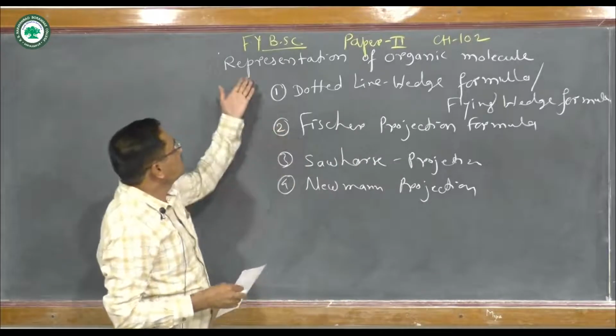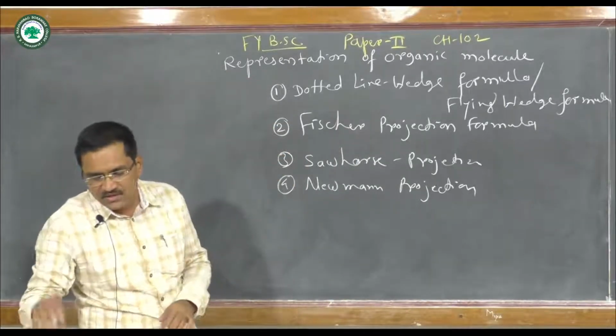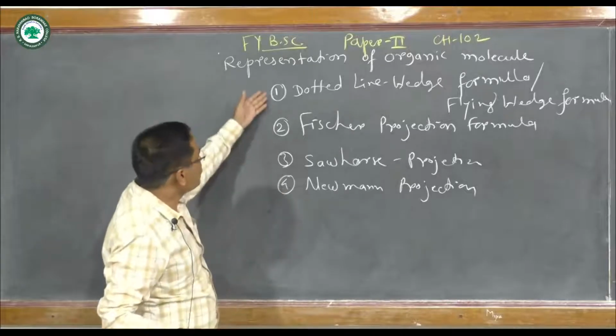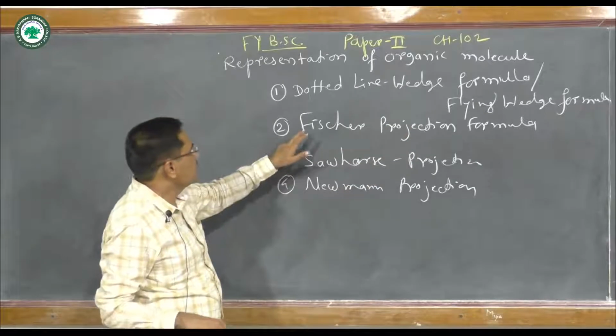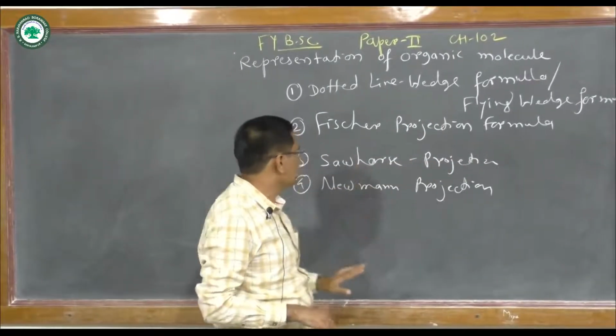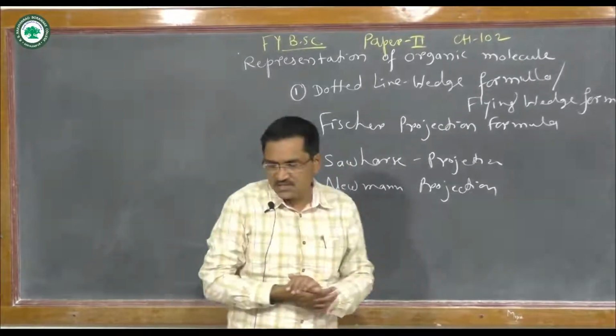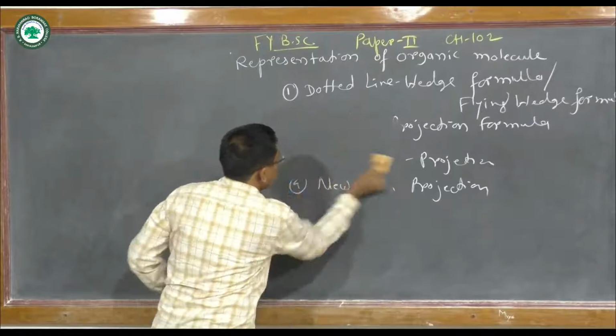So representation of an organic molecule is by four ways: dotted line wedge formula, Fischer projection formula, sawhorse projection, as well as Newman projection. Today we will see them one by one.